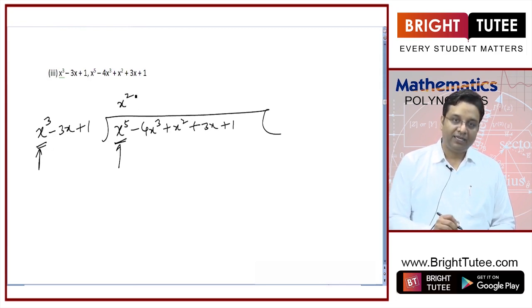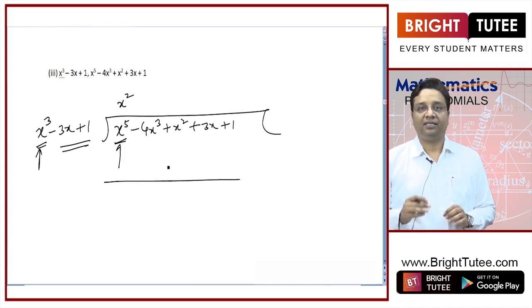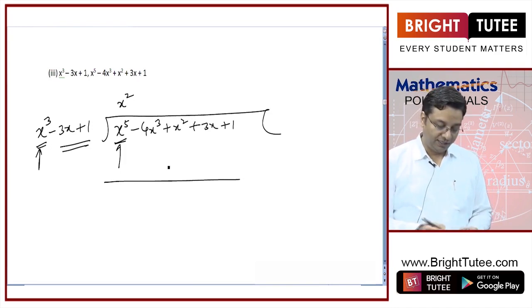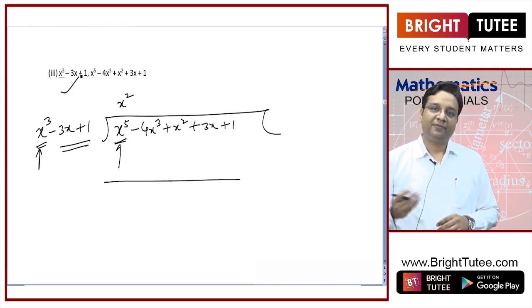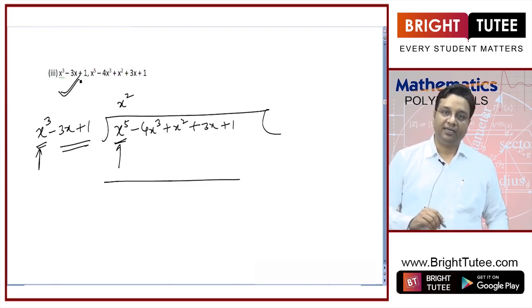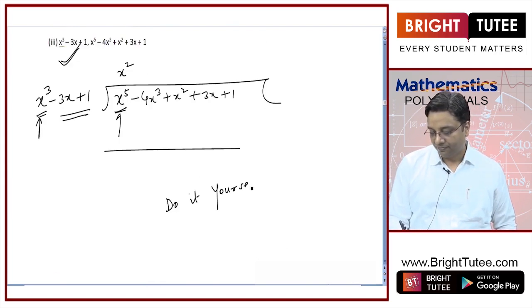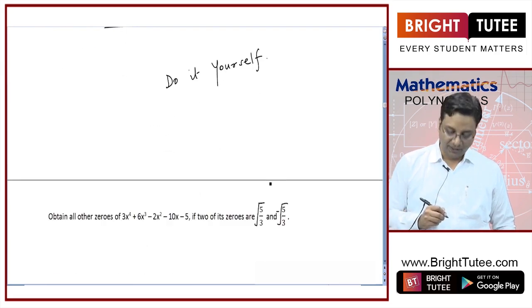So I multiply it by x square. Now rest of the terms you can write below the like terms and repeat the process until we get a remainder. Either it should be 0, then it will be a factor. Otherwise, if the remainder is not 0, then we can say that this is not a factor, right. So do it yourself. Okay.